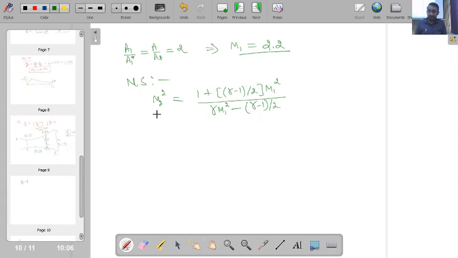So this is the relation between M2 and M1. M1 I know for a normal shock wave, so M2 from here comes out to be 0.5471. Is this point clear?